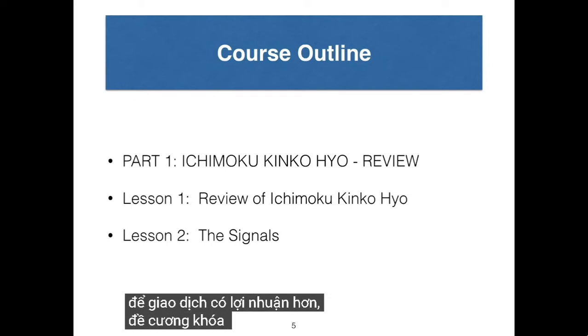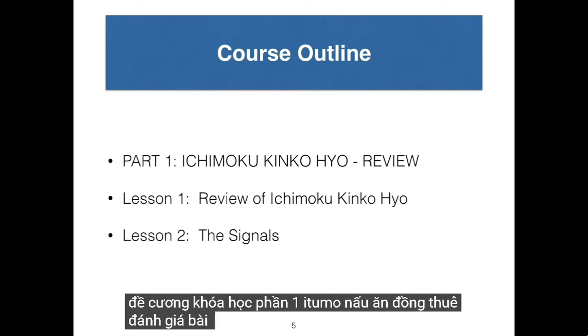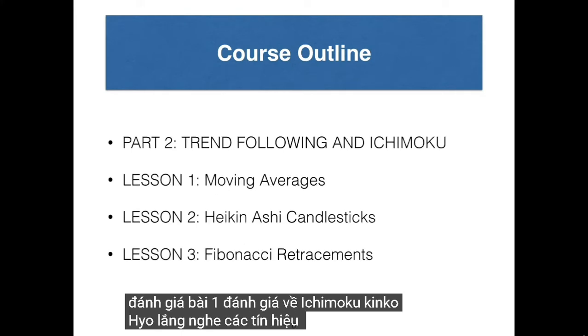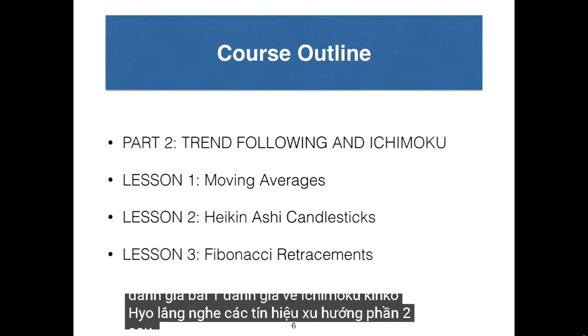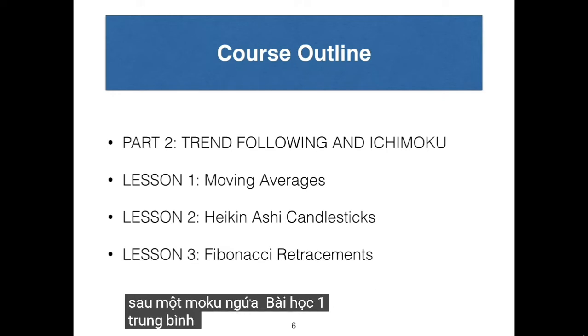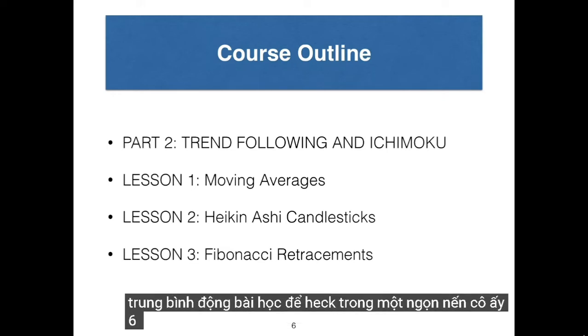Course outline. Part 1, Ichimoku Kinko-Hayo Review. Lesson 1, Review of Ichimoku Kinko-Hayo. Lesson 2, The Signals. Part 2, Trend Following and Ichimoku. Lesson 1, Moving Averages. Lesson 2, Heikin Ashi Candlesticks.